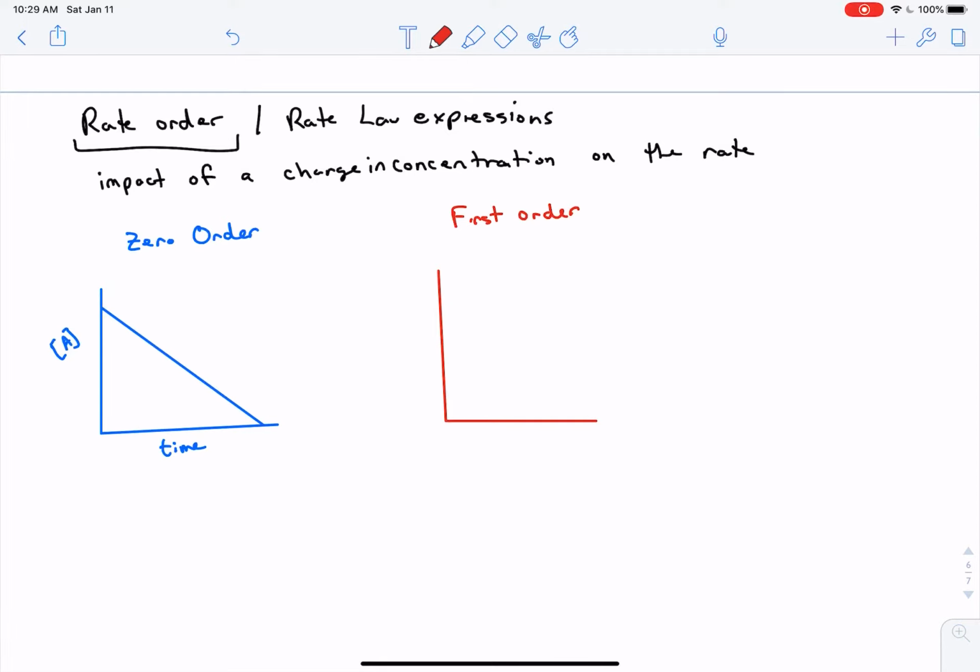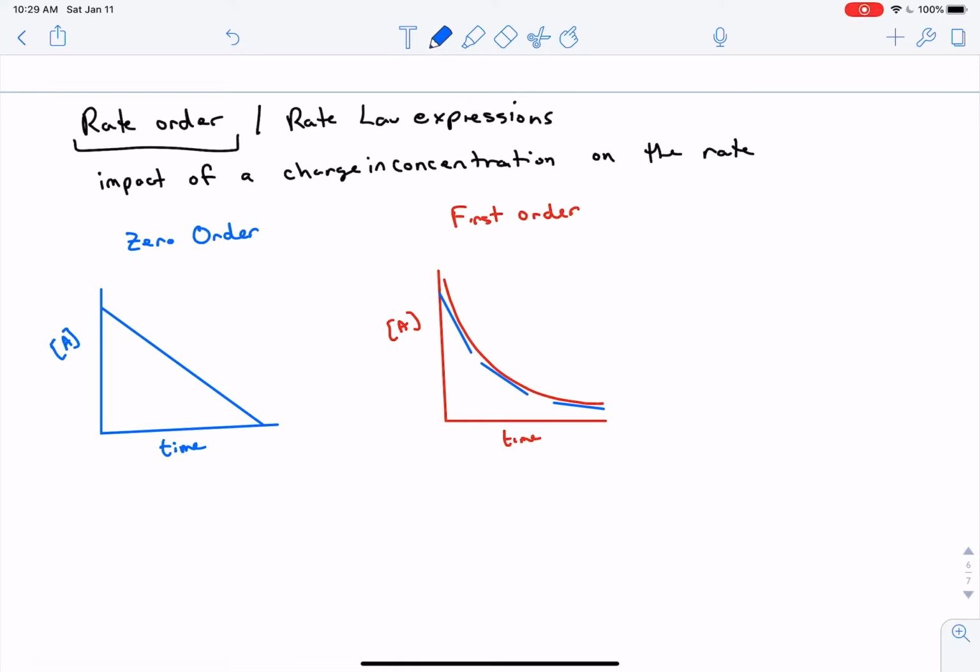And so here I have it like this, where I start with a large amount of reactant, and as I go down, the slope changes with time. Okay? But there is a relationship between that.